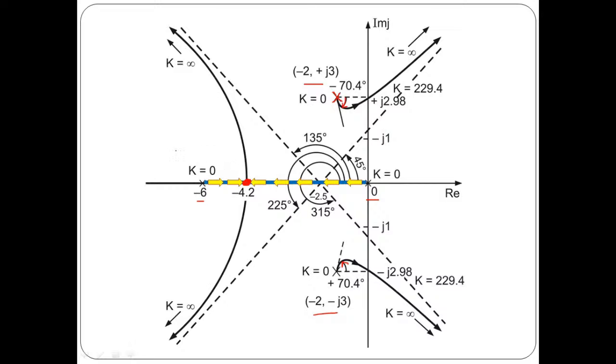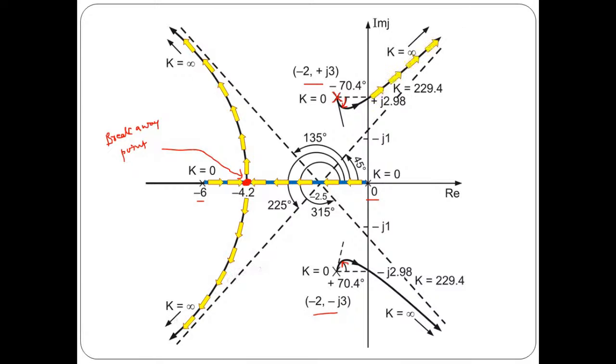This is called the breakaway point. And then one branch moves towards infinity along the angle of asymptotes of minus 135 degree. Another one moves towards infinity along the angle of asymptotes of 45 degree, like this.